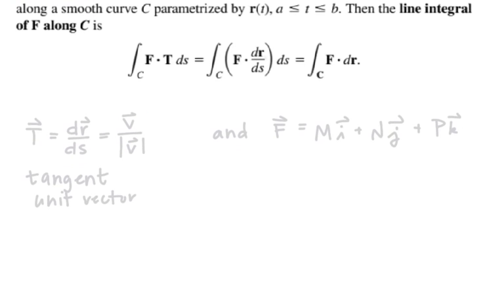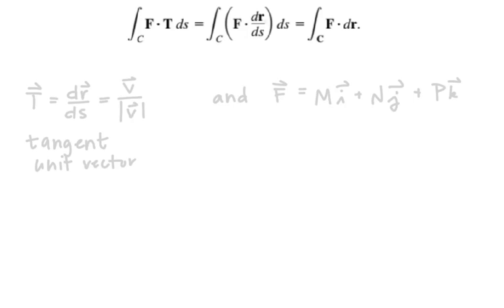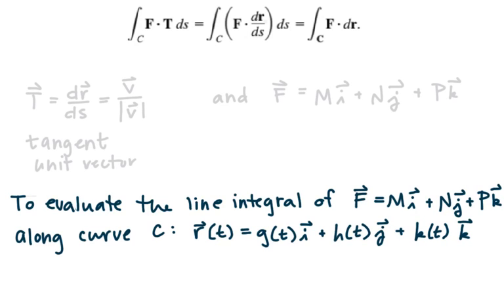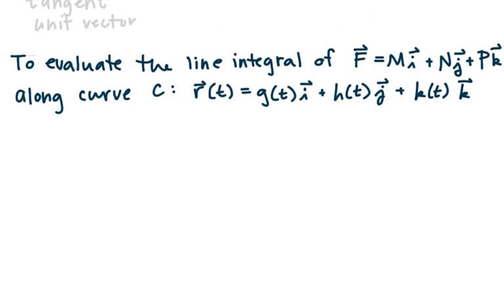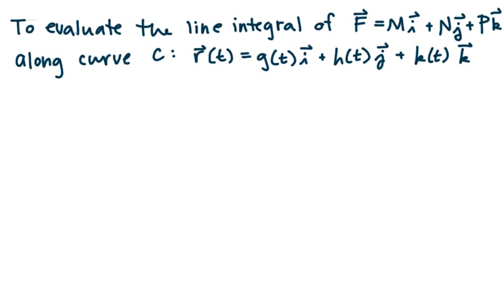So let's think about what this means and how we are going to evaluate the line integral. To evaluate the line integral of the vector field F along the curve C, represented by this parametrized curve, the first thing we're going to do is to create a composition.